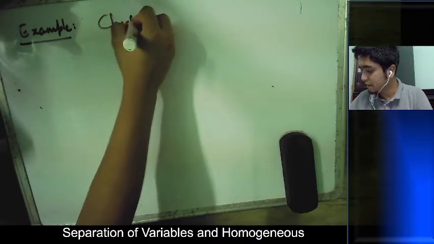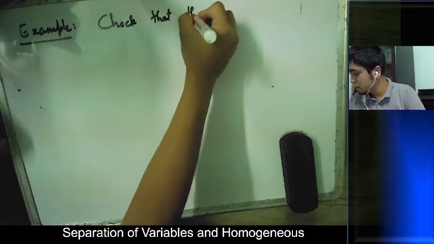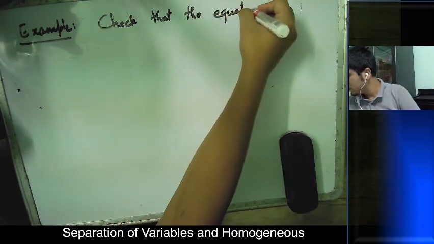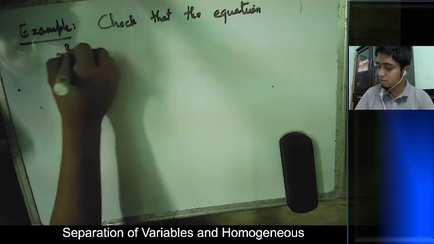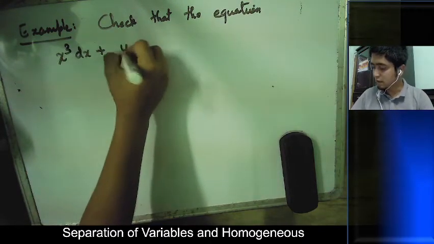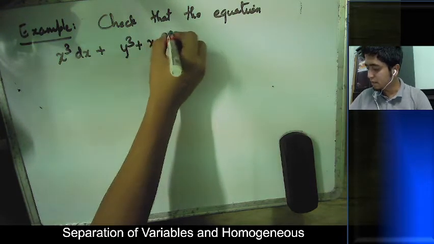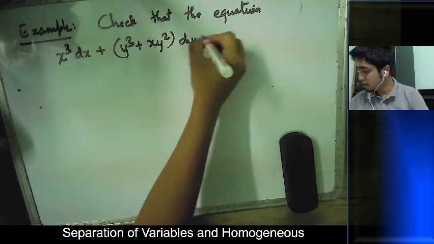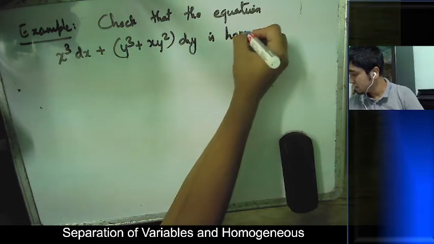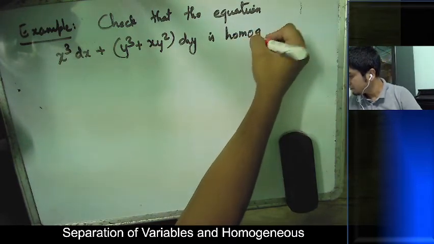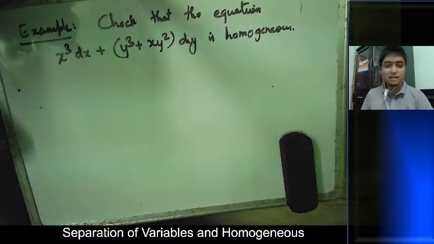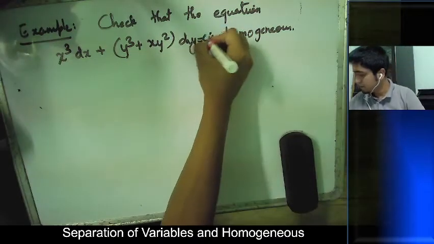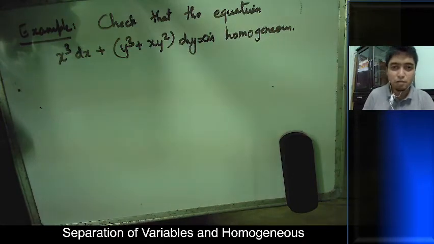Check that the equation x cubed dx plus (y cubed plus xy squared) dy is homogeneous. So M dx plus N dy equal to 0. We have to check whether it's homogeneous or not.